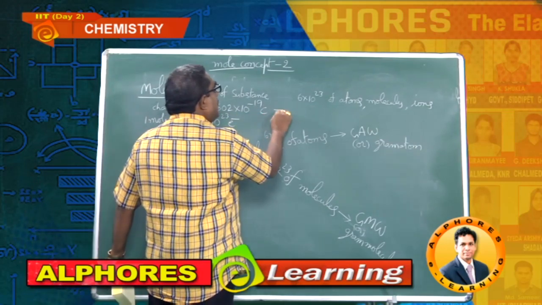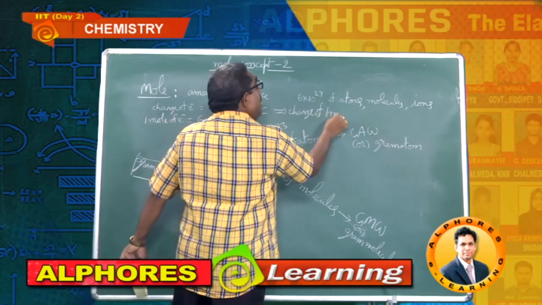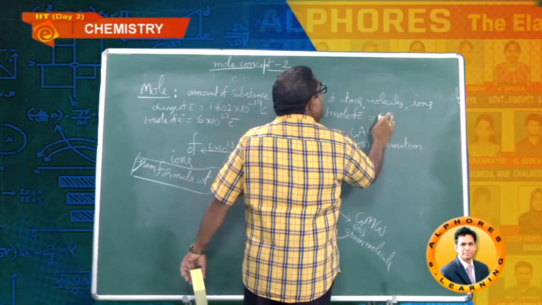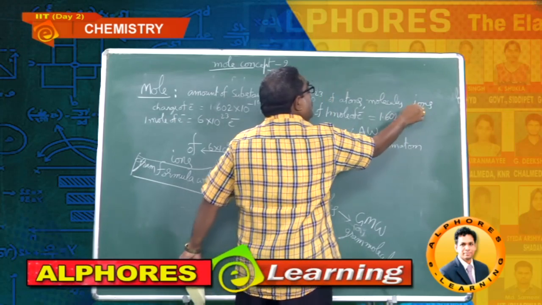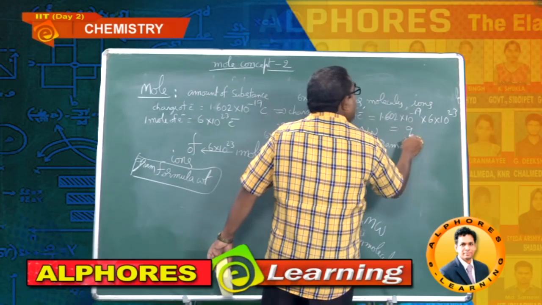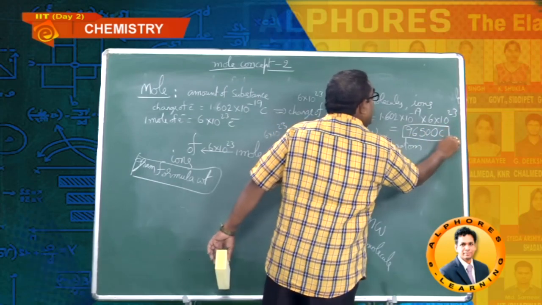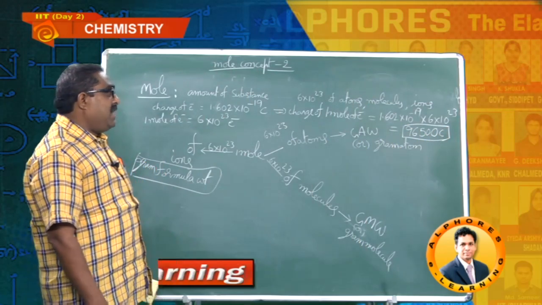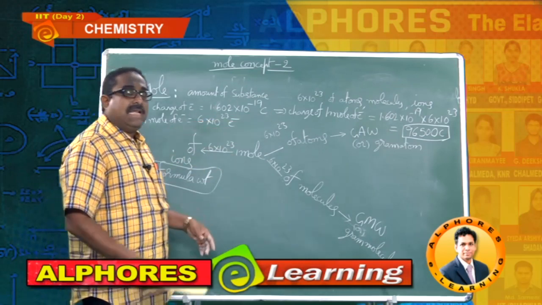To calculate the charge of 1 mole of electrons, you should multiply this with Avogadro number. 1.602 into 10 power minus 19 into 6 into 10 power 23 comes to nearly 96,500 coulombs, which is called the charge of 1 mole of electrons, that is nothing but the charge carried by 6 into 10 power 23 electrons.